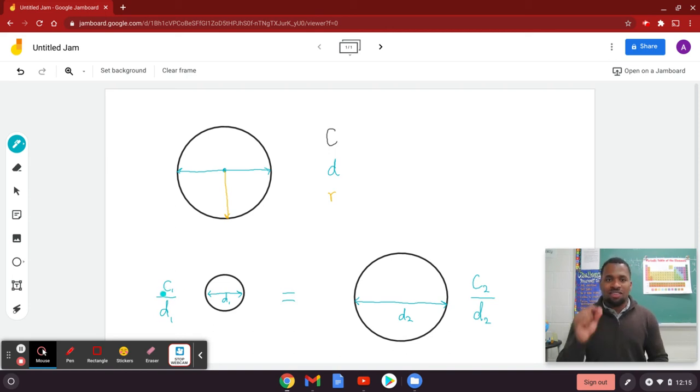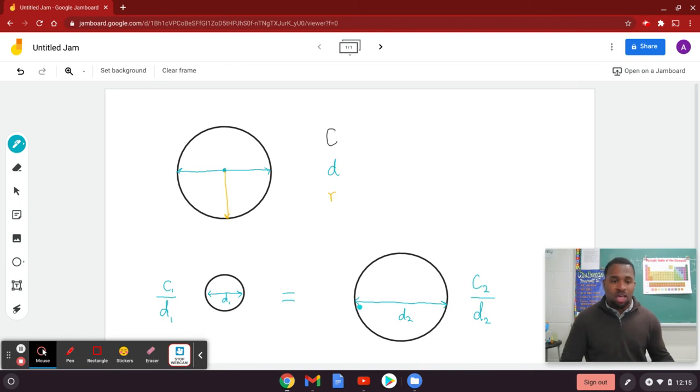So if I divide C1 by D1, the value is equal to C2 divided by D2.